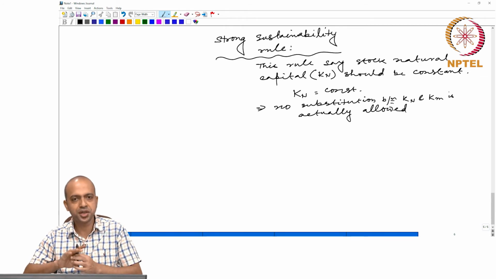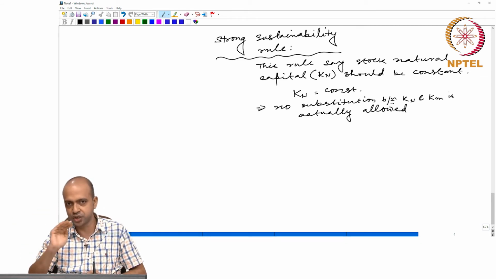We must keep the stock of natural capital constant to ensure sustainable development.